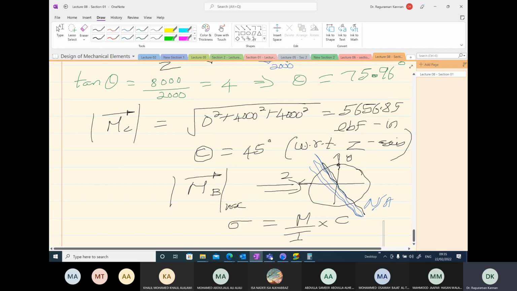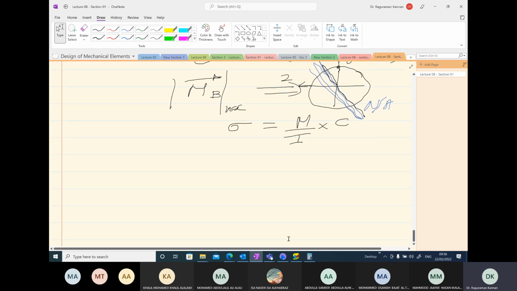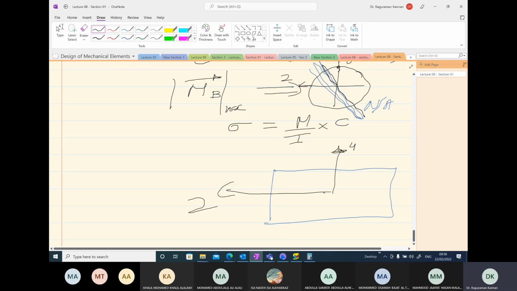Now let's go for a rectangular cross section and try the same thing. If I have this rectangular cross section and then I have the y and the z axis, you are going to see the trouble. My resultant axis at point B is in some direction. What is the direction?